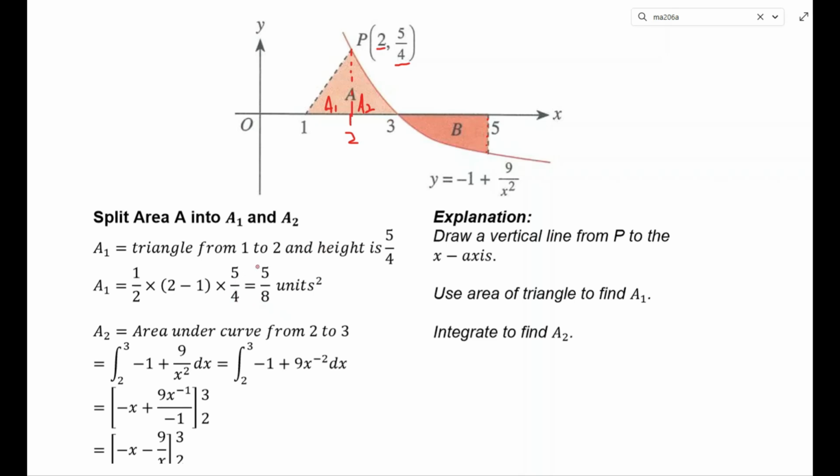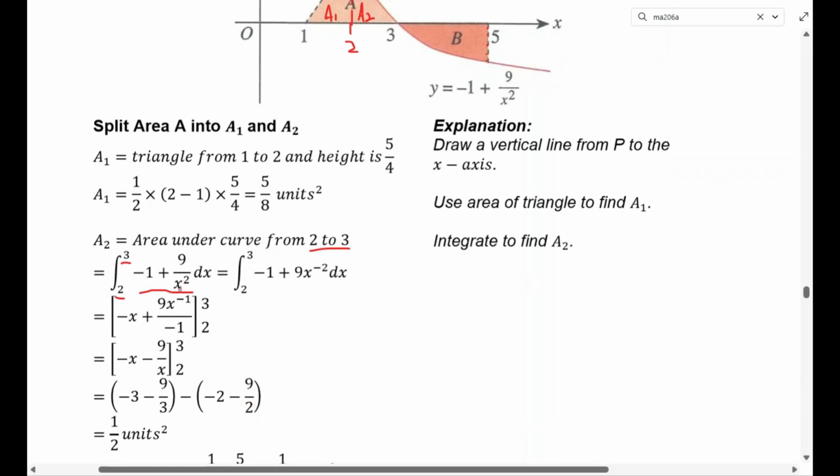And to find A2, we'll use integration to get our area under curve from 2 to 3. So we have our upper bound of 3, lower bound of 2, and we have our equation of our curve. Then we bring the x up with the new power of minus 2.